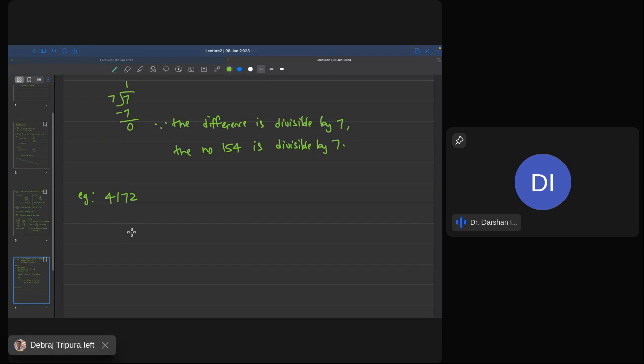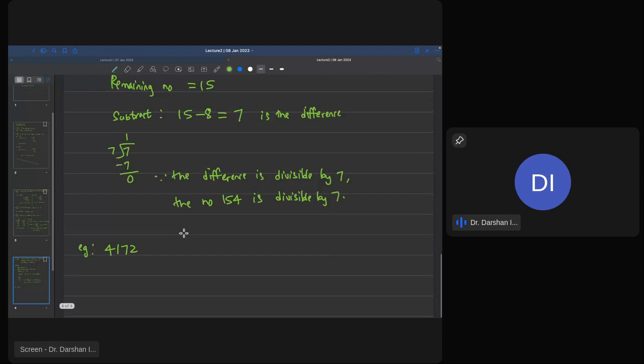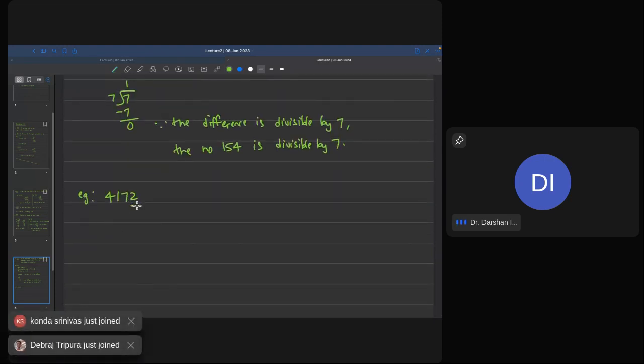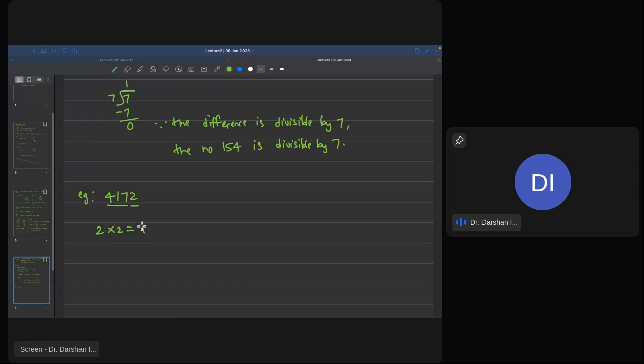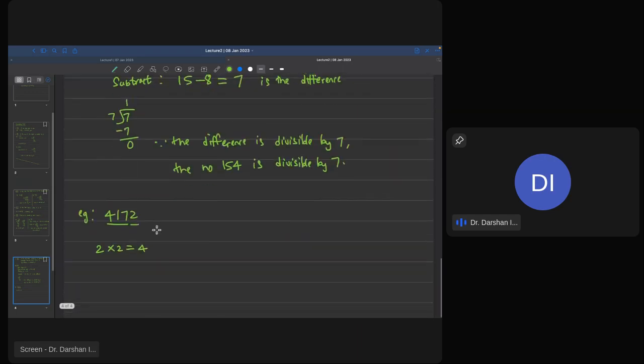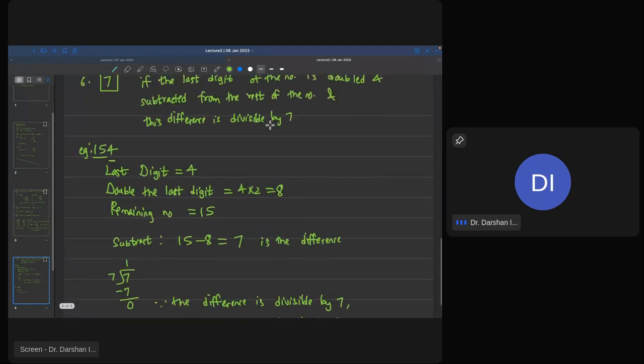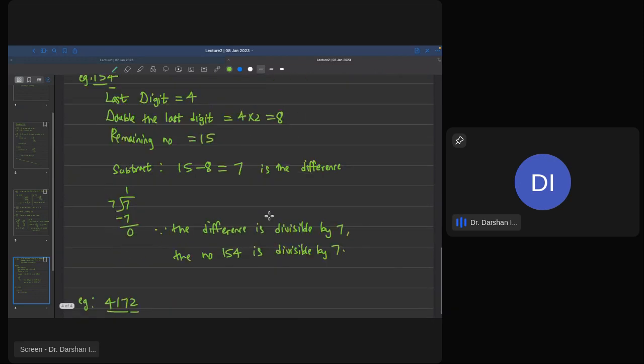I just did it on my mobile phone. So I say the last digit of the number should be doubled. What is the last digit? 2. And this is the remaining. 2 will be doubled, so this is the double form. Then it has to be subtracted from the rest of the number. 417 minus 4 is 413.